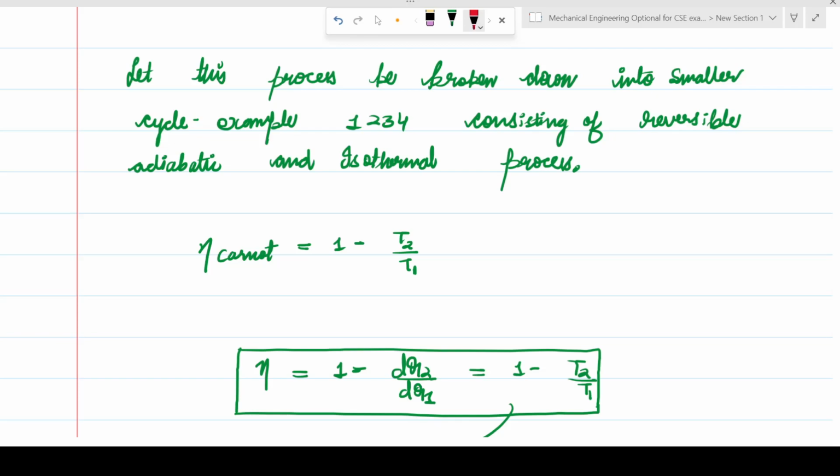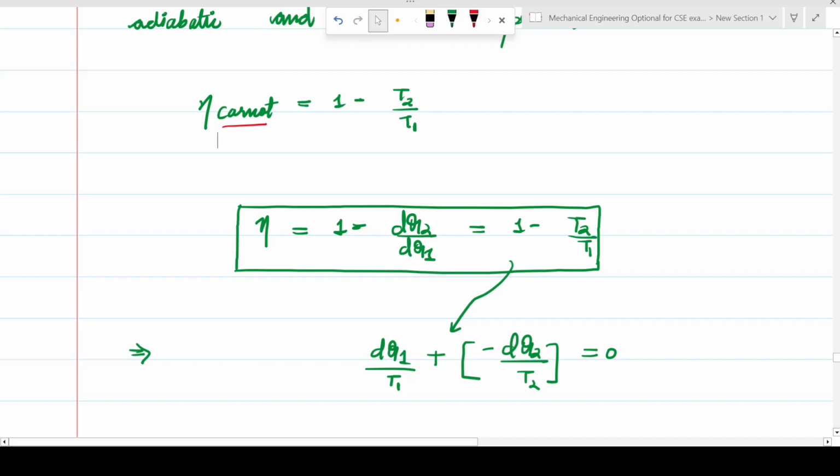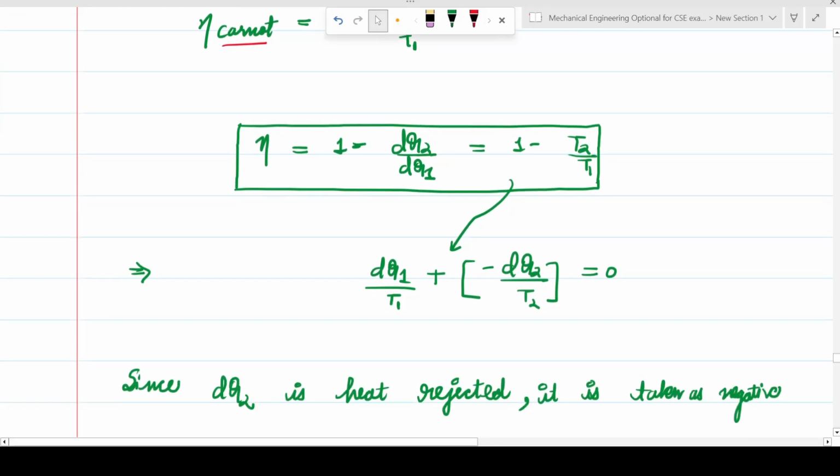So we can easily calculate what should be the efficiency of this Carnot cycle. So we know that the efficiency of this Carnot cycle is given by 1 minus T2 by T1, and the efficiency, that is 1 minus dQ2 by dQ1, comes out to be 1 minus T2 by T1. And if we further solve this, we can get this expression, that is dQ1 by T1 minus dQ2 by T2 is equal to 0.